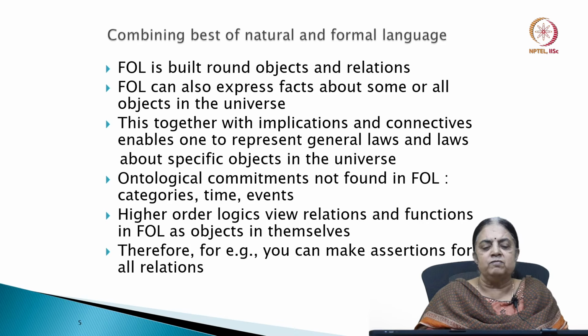So we'll see more of that later. And this along with the implications and connectives. So implication also is a connective basically, right? So these are what is used to represent anything in first order logic.